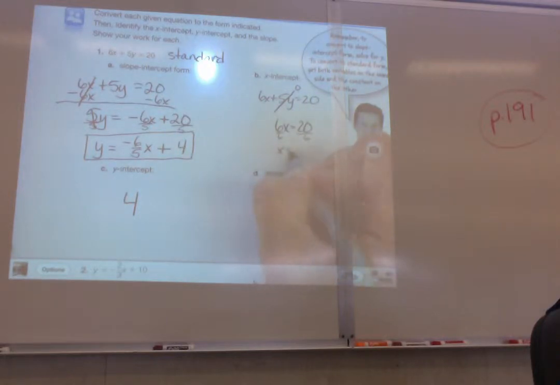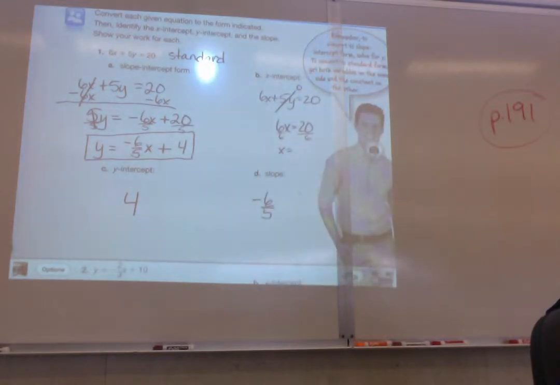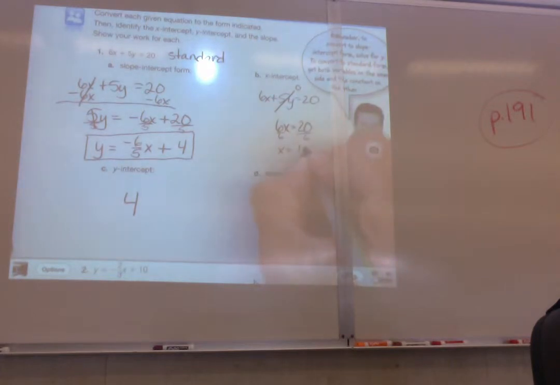X equals 20 divided by 6. That reduces. It won't divide, but it can reduce. Divide them both by 2. What do we get? 20 divided by 2 is 10 over 3. Okay? Best answer at this point in your life, if it won't divide, reduce it.